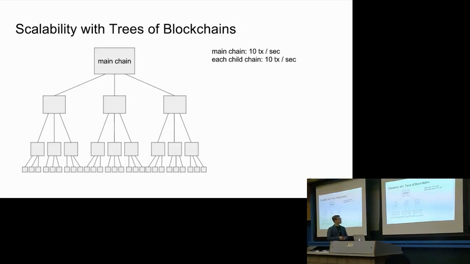But since these child chains are special purpose and since they are probably not proof of work, I think it's reasonable to have something like 100 transactions per second, including this overhead. And so I think 10 transactions per second is a good estimate.